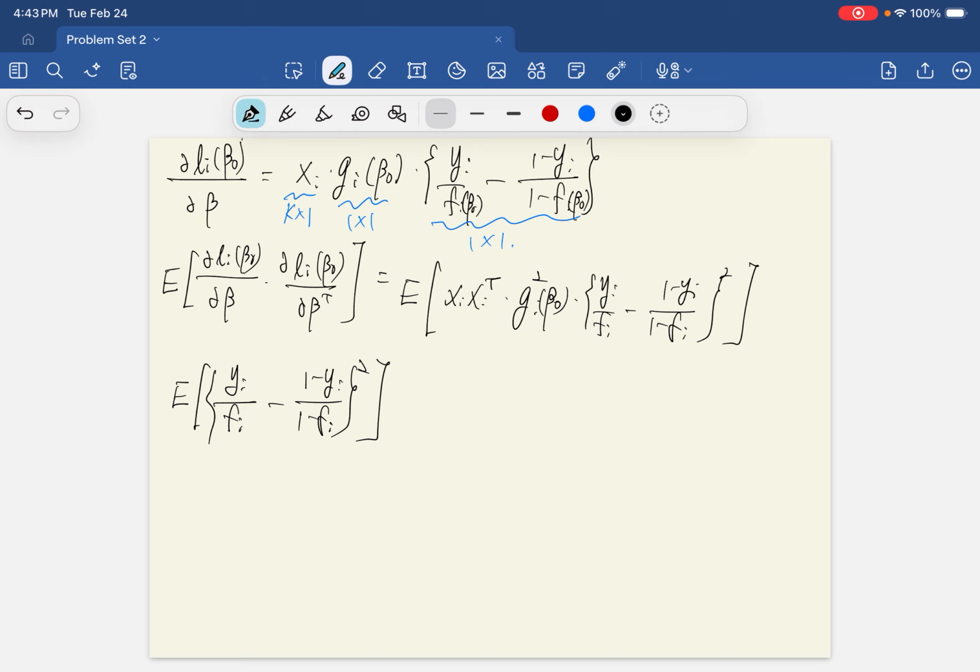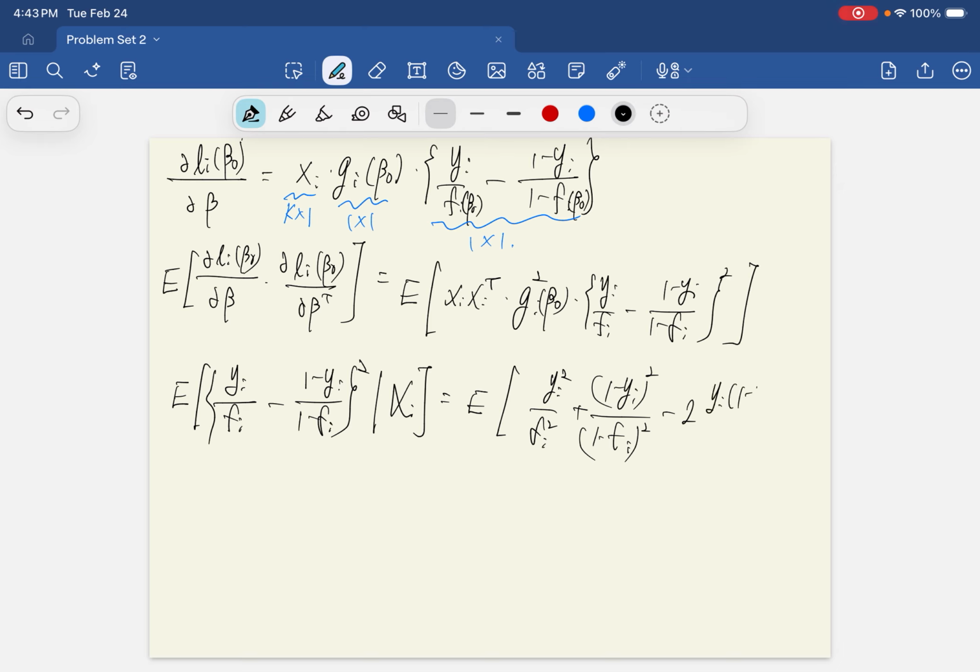We just have to rewrite. Let me rewrite. So what I had to say here is conditional on xi, right? This is what we have to calculate inside the law of iterated expectations. That is the expectation of yi squared over fi squared plus 1 minus yi squared over 1 minus fi squared, minus 2 times yi times 1 minus yi over fi times 1 minus fi, given xi.